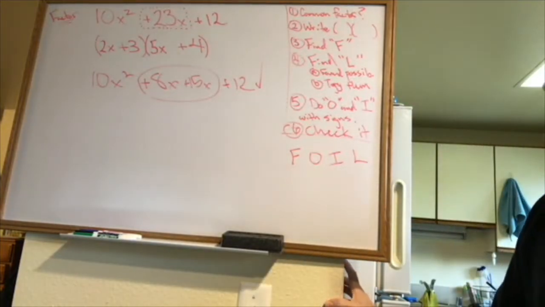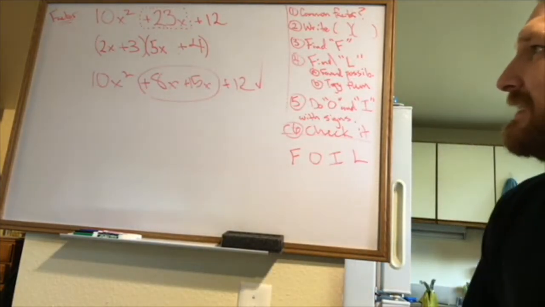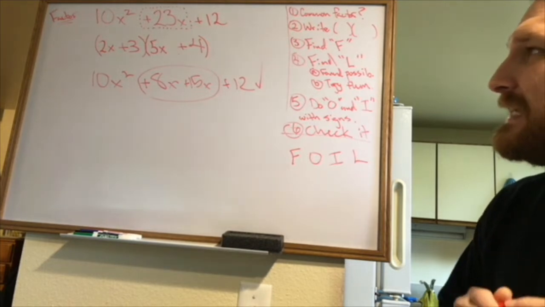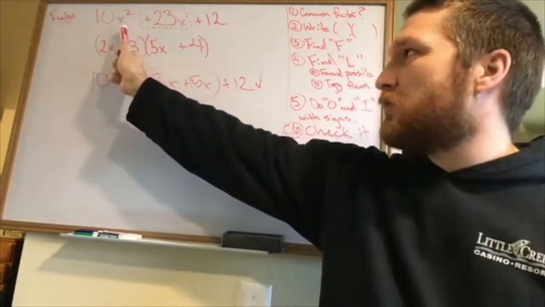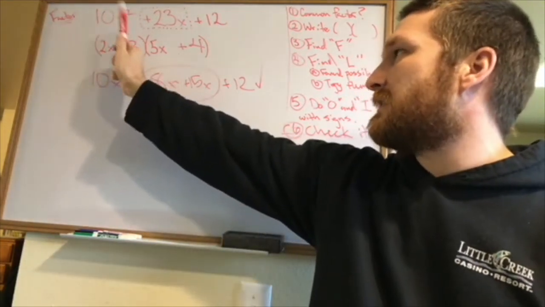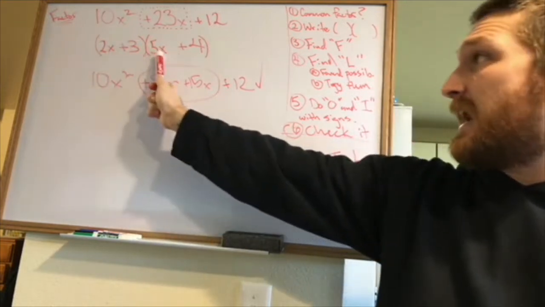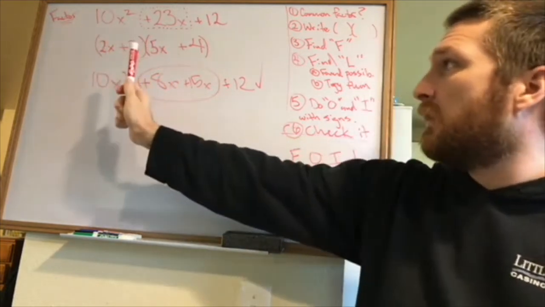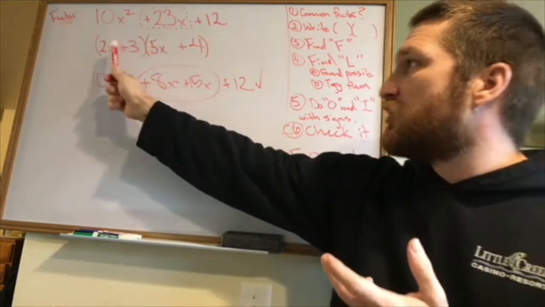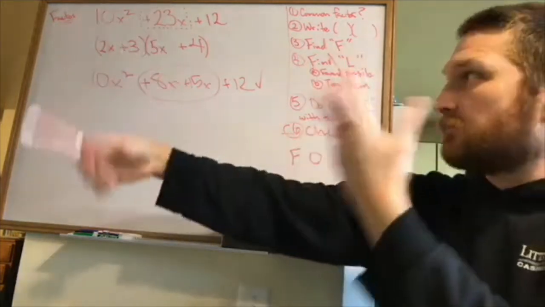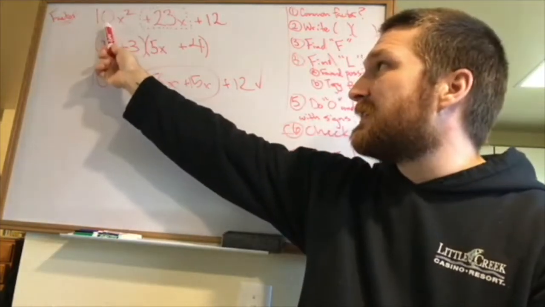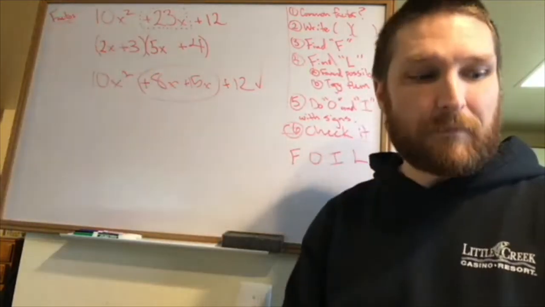Now, you can see this gets a bit tedious when you don't just have a plain old x squared by itself, because you have to guess, well, was it 10 and 1? Or is it a 2 and a 5? And the more factors this has, the harder it's going to be.